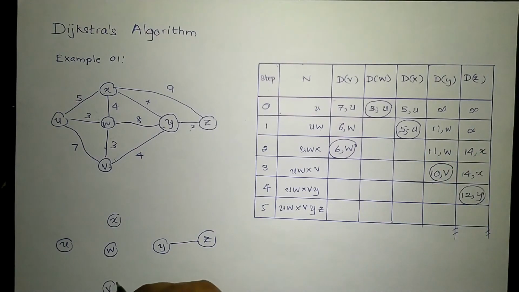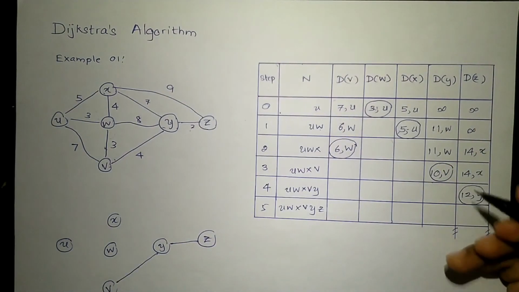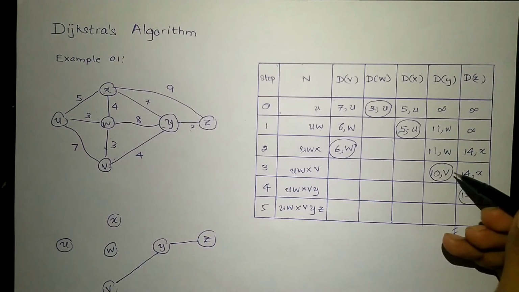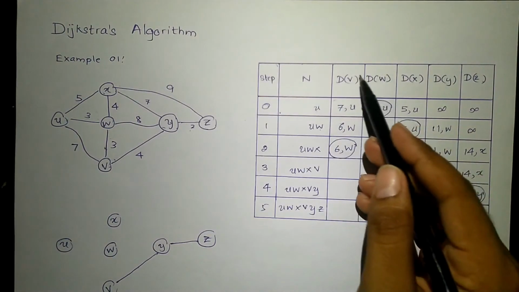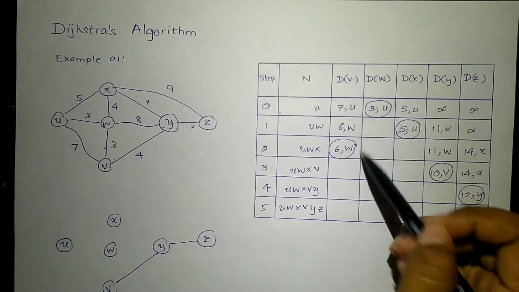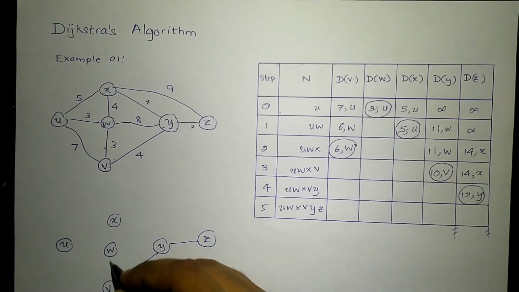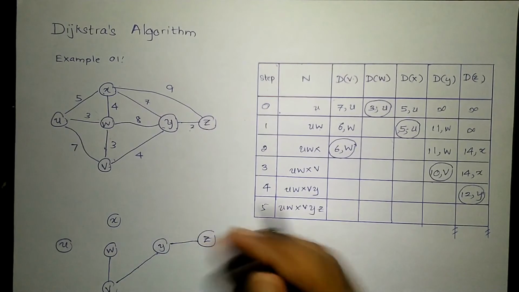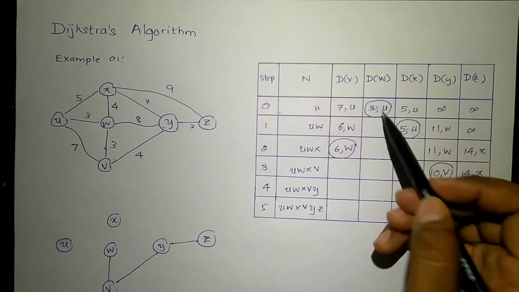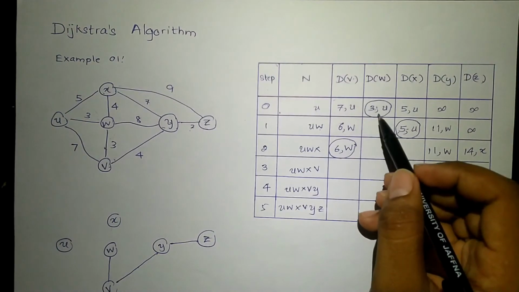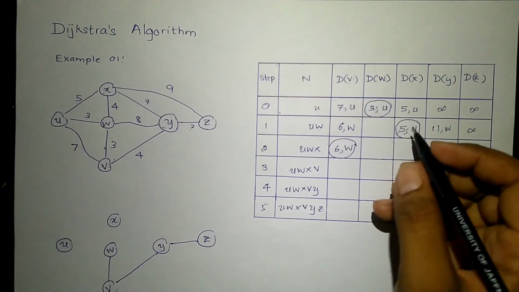Now we go to the v. v is directed to w. Then we go to the w. w is directed to u directly.